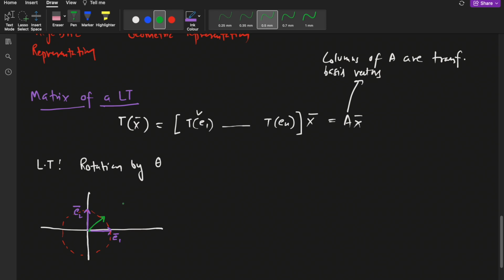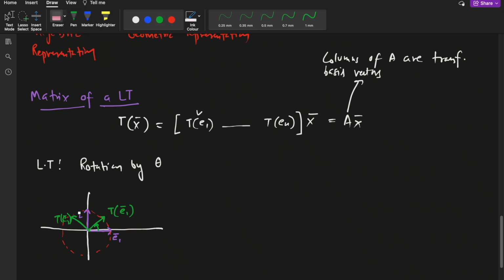After rotation, this becomes T of E1, right? So this is theta degrees, and this becomes T of E2, right?